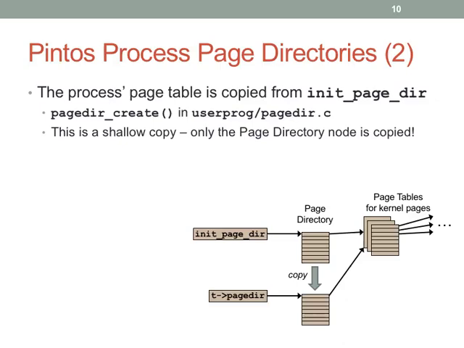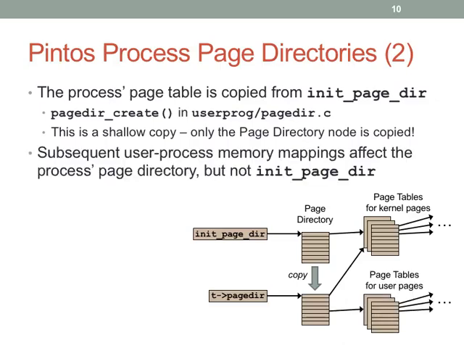You think of them as two separate trees, but in fact, they're two separate tree roots that are sharing a big subtree that corresponds to the kernel address space mapping. Then when the process is running, other page tables will be added as the user process address space is fleshed out, to load the program and so forth. Those are visible off of the process's page directory or the kernel thread's page directory, but they're not visible off of init pagedir.